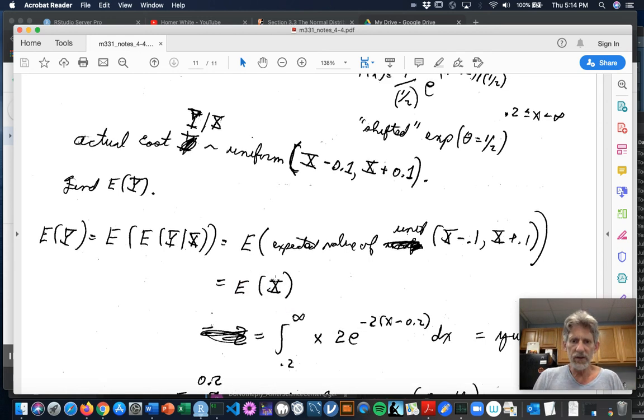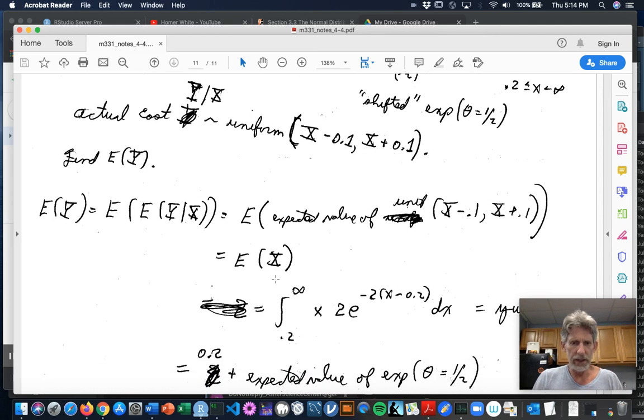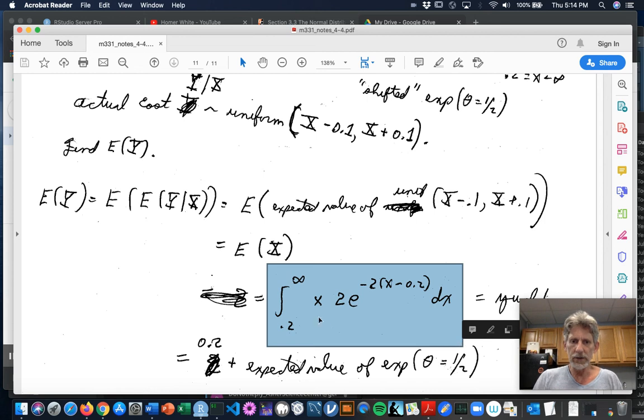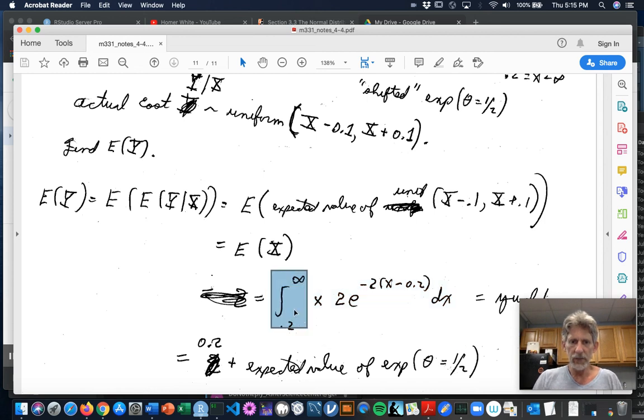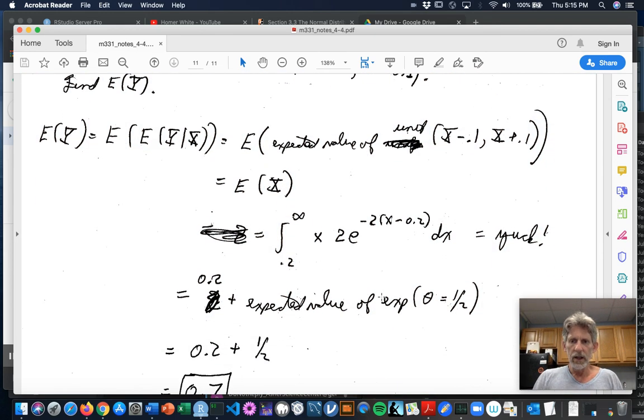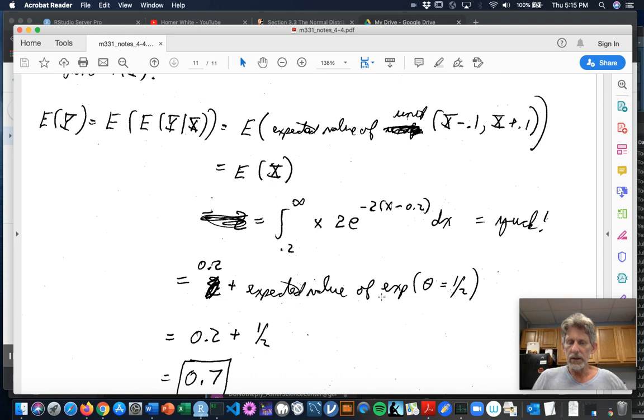Well, capital X is this funny shifted random variable. Here's the definition for its expected value. Integral over possible values, x times the PDF. That would be a doable but kind of yucky computation because I'm seeing maybe a need for integration by parts here.